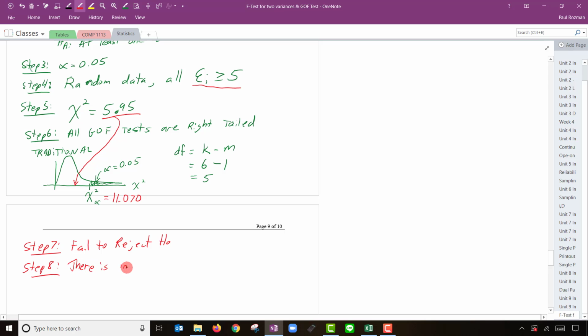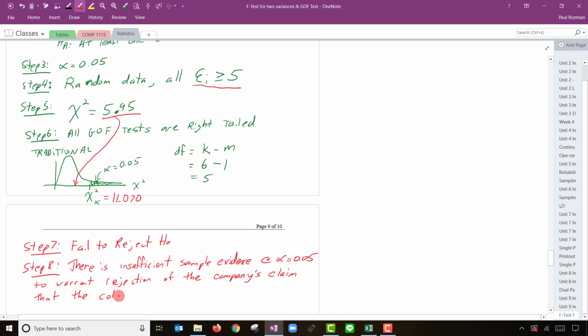There is insufficient sample evidence at alpha equals 0.05 to warrant rejection of the company's claim that the colors are as stated.